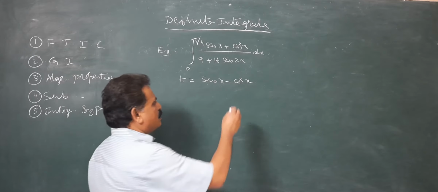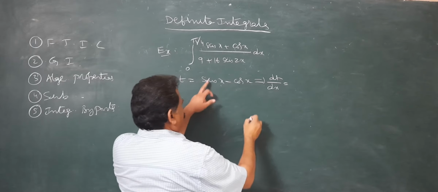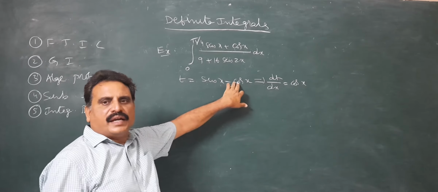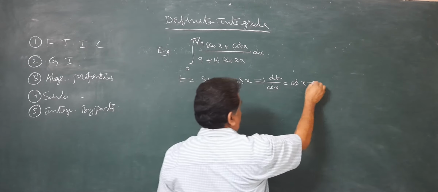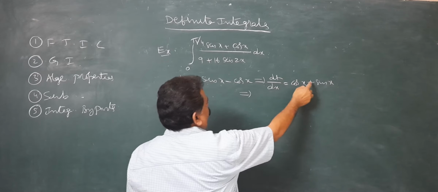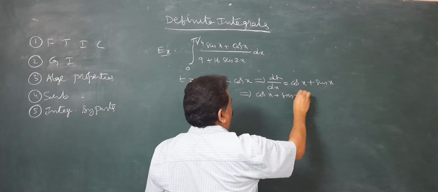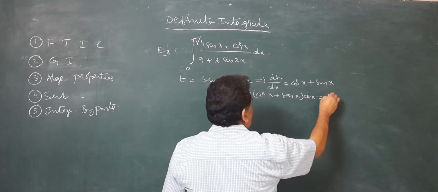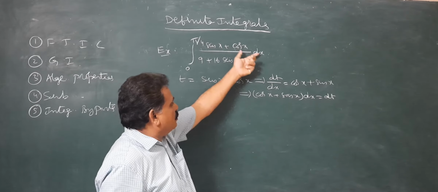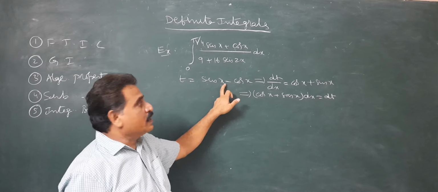If you differentiate this, dt by dx, sin x derivative is cos x, cos x derivative is minus sin x, minus is there, so plus sin x, which implies by cross multiplication, (sin x plus cos x) dx is dt. That part is there, sin x plus cos x is there, dx is there. That's why we are substituting t equal to sin x minus cos x.